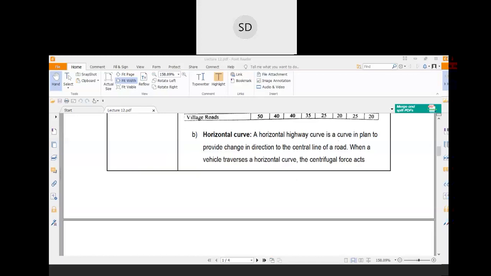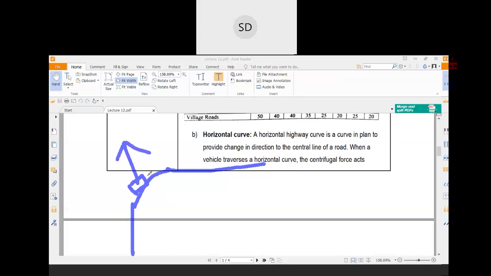Now, when a vehicle traverses a horizontal curve, suppose one horizontal curve is there and one vehicle is moving in that horizontal curve, in that case centrifugal force would be acting outward.